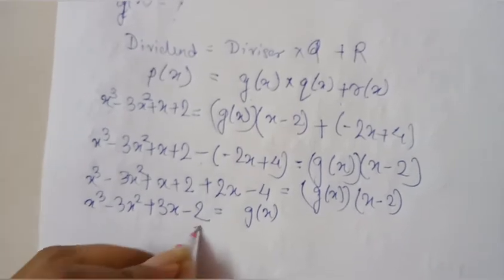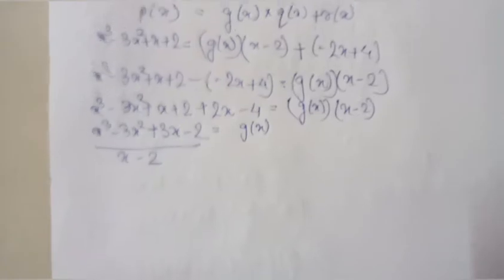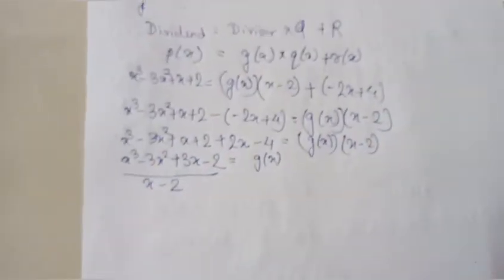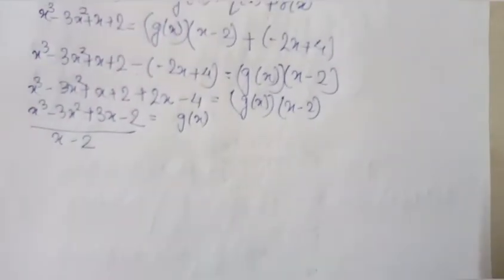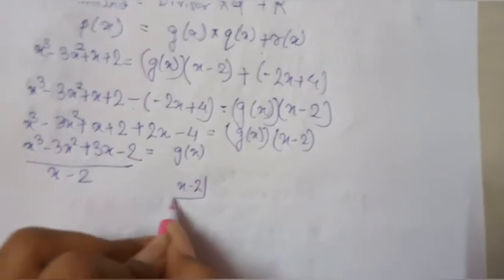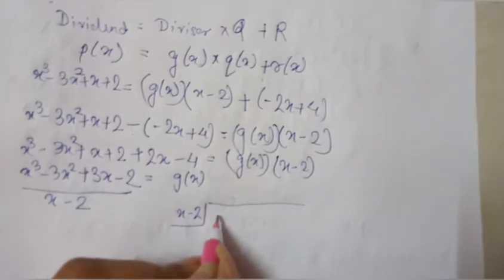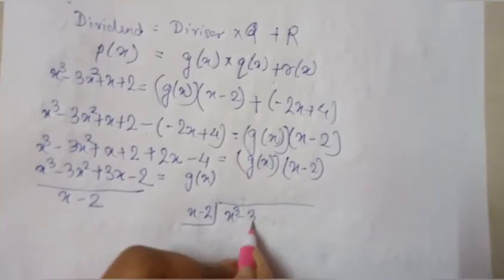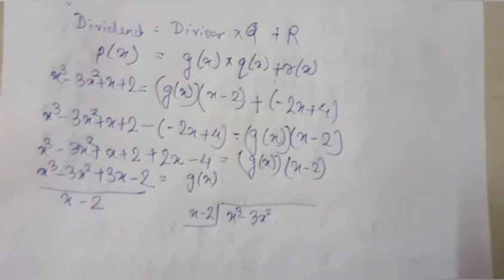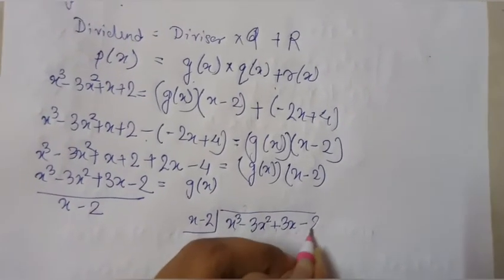We'll do this here in division, and now we just need to perform the division which we have learned. So we'll perform that division: x minus 2 divided into x cube minus 3x square plus 3x and minus 2.